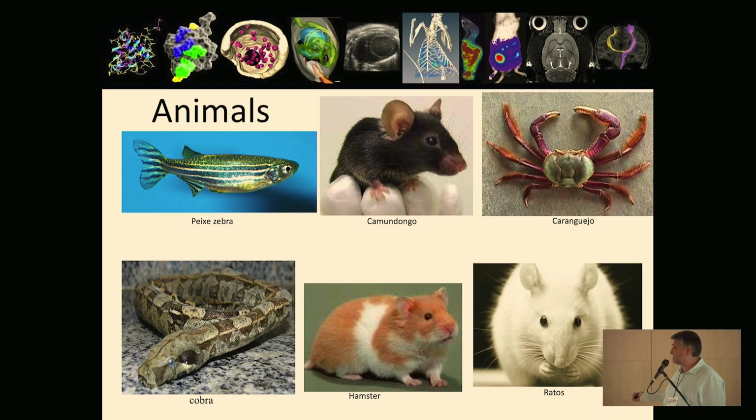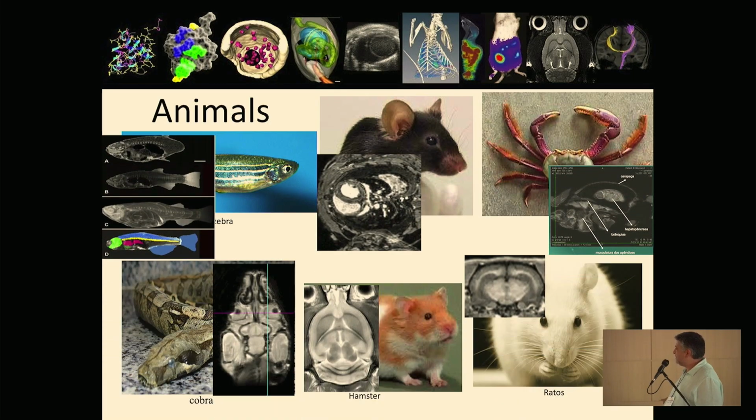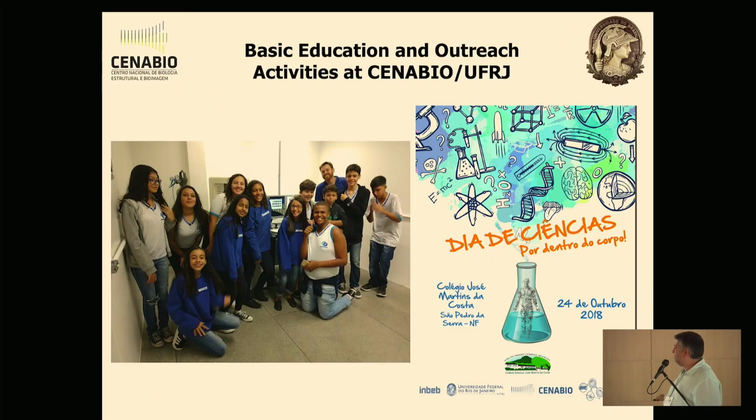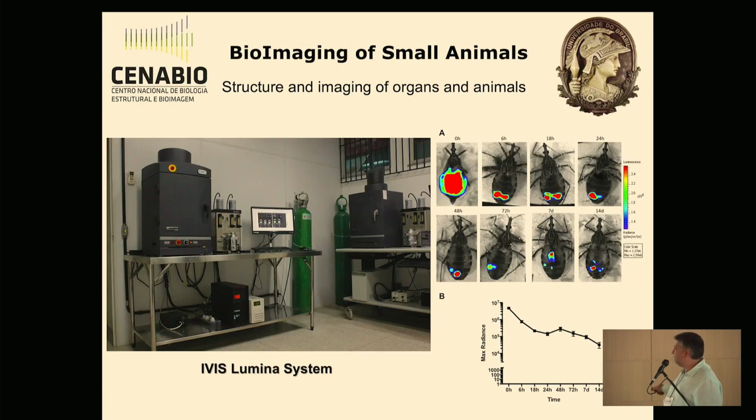So with this MRI, as I told you, this is a multi-user center. With this machine, we do not only make preclinical science, but also, as you can see, we have for biology different animals, and we were able to study different structures in depth. We also have in vivo IVIS Lumina.